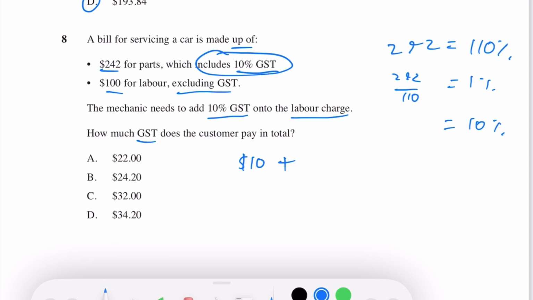So we've got to take our 242 over 110, and then we just times it by 10. Okay, so 242 over 110 multiplied by 10 is $22. So $22 is the GST she paid for parts. And then we need to add that to the GST she's got to pay for labor. So that's going to give us a total of $32. So that means C would be your answer for 8.